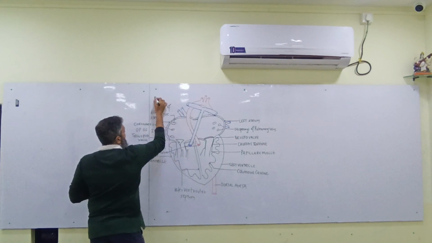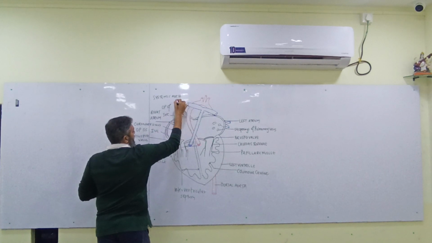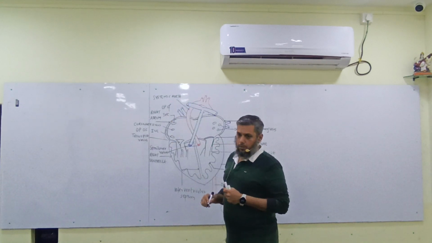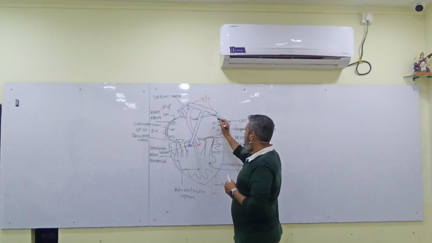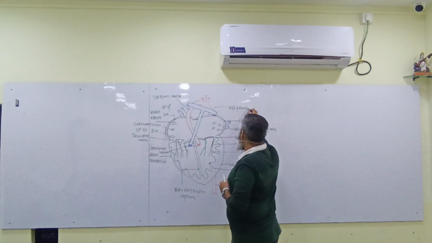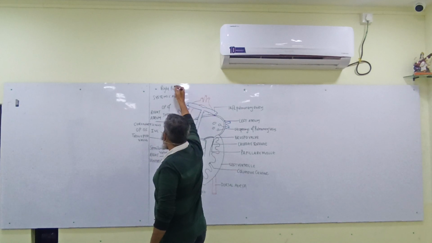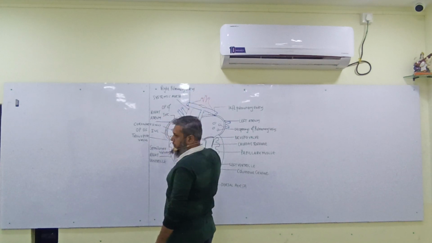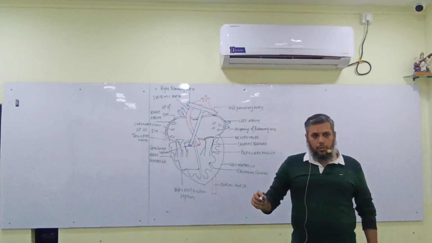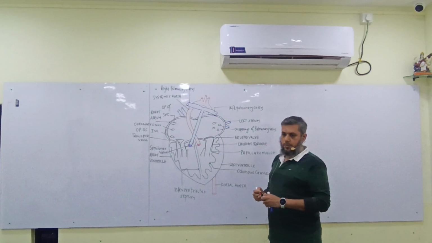Then the red blood vessel is the systemic aorta. The blue blood vessel is the pulmonary aorta, and this is the left pulmonary artery. This one we have is the right pulmonary artery. Okay. So this is the pulmonary aorta dividing into the 2 pulmonary arteries.